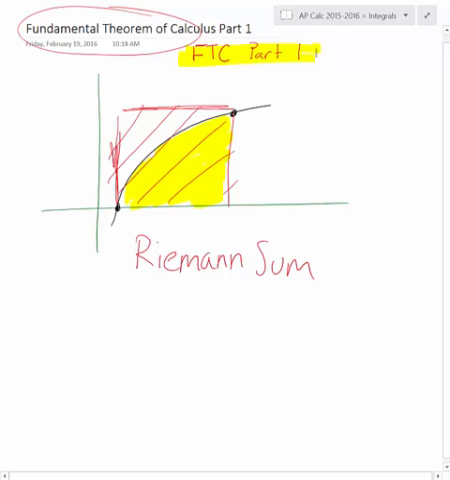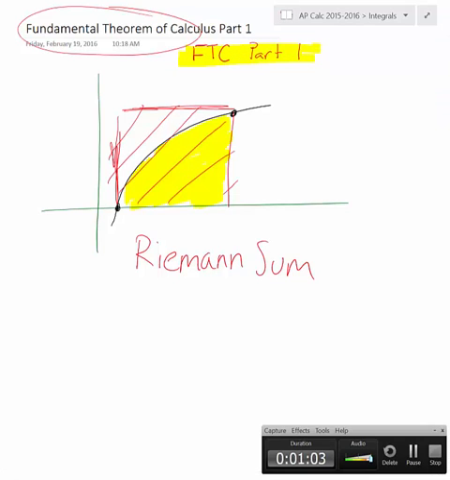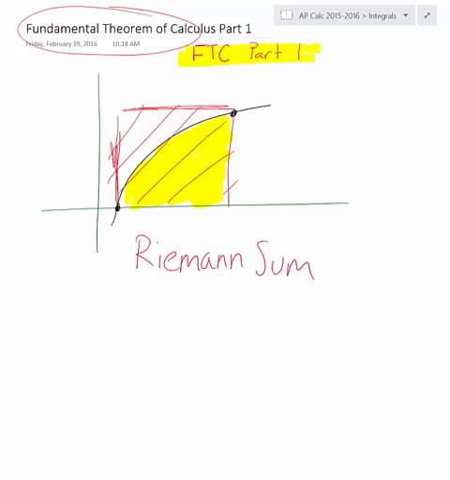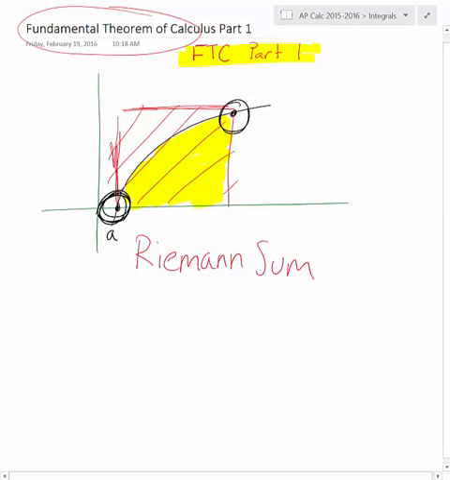What the fundamental theorem of calculus states is that if we take the antiderivative at this point a and the antiderivative at this point b, and we plug them in, that's going to give us the area. This is the antiderivative at the end, so capital F of b.